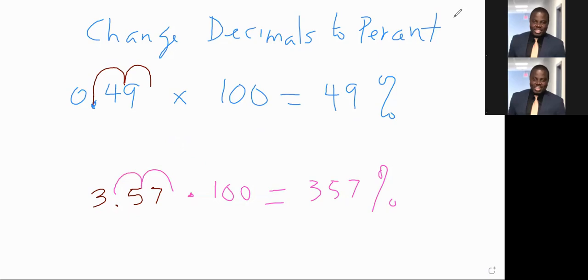Okay. Another one. So let's say that I'm doing 0.5. I'm changing that to percent.